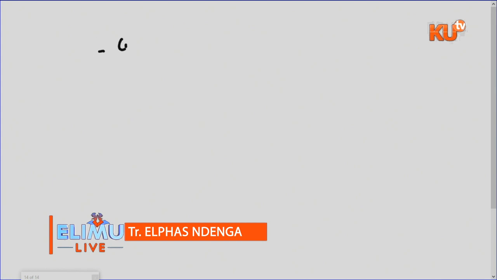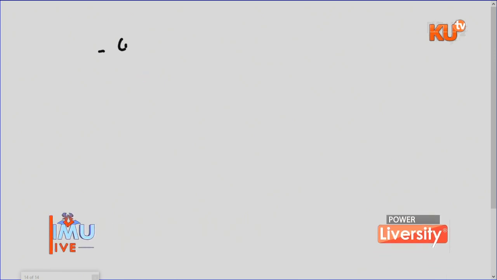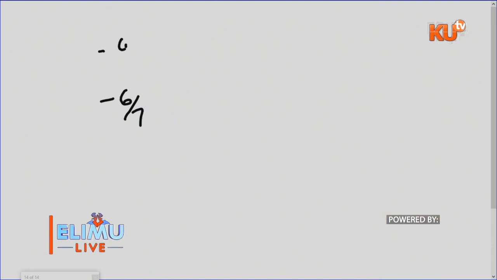Negative 6 over 7 as our value for x. Then again, I hope, students, you're working out the value for y. So we have negative 6 over 7 as our solution for the first part.